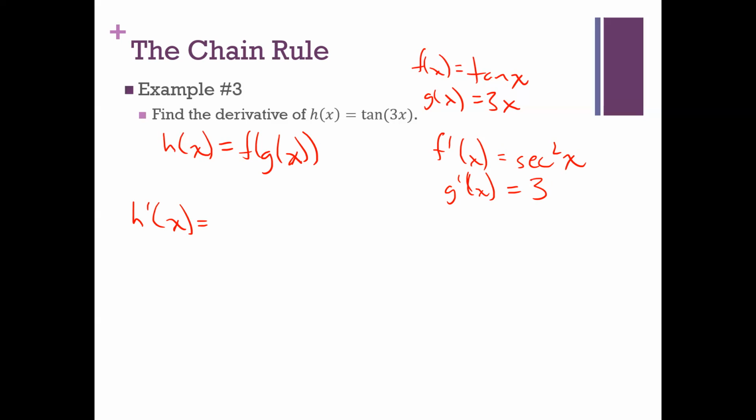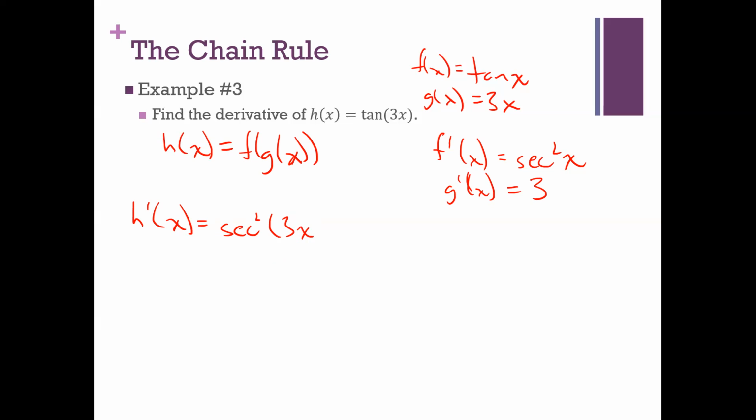So what is the derivative of h? It would be secant squared parentheses 3. Secant squared of just 3? It would be 3x. And here's why. Because g, not g prime. When you take a derivative, the first thing you have to do is take the derivative of the outside function, which I think we agreed was tangent x.